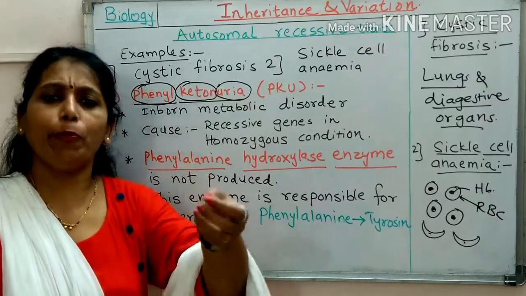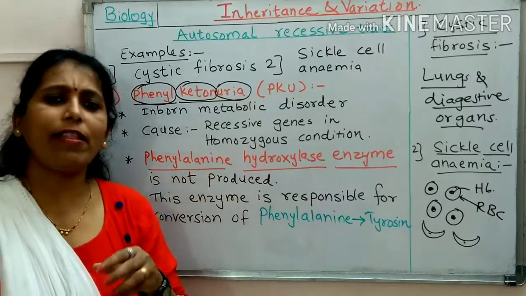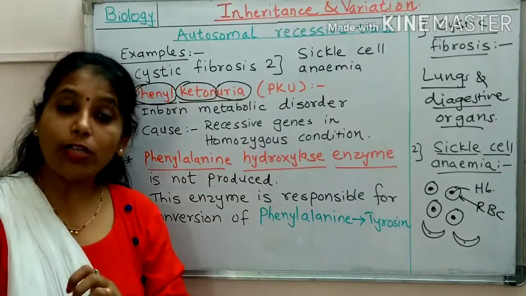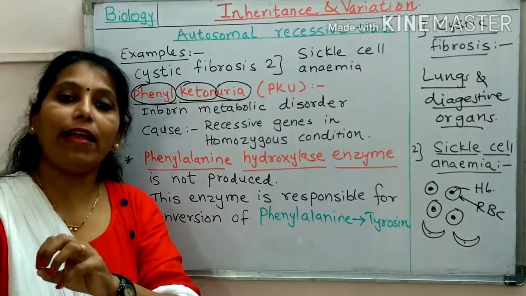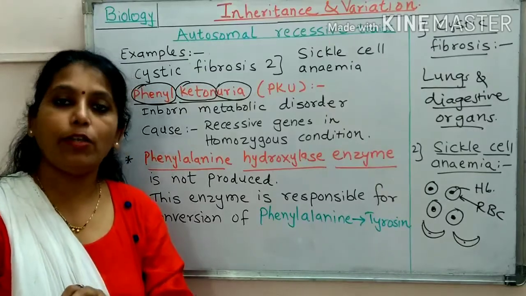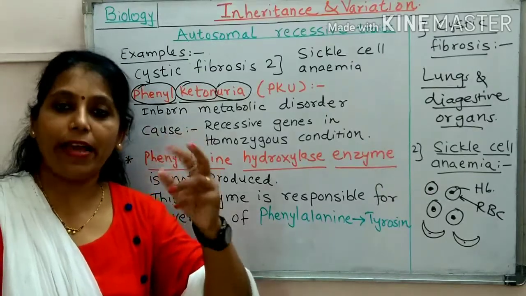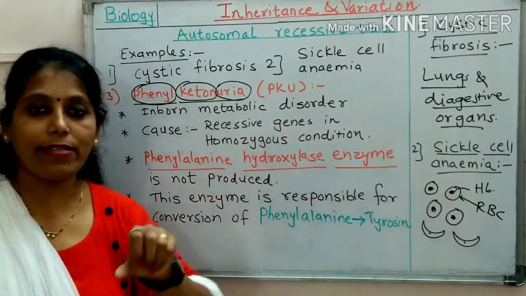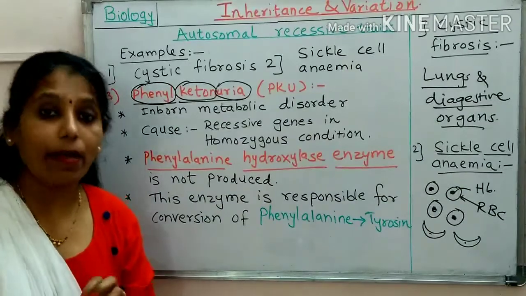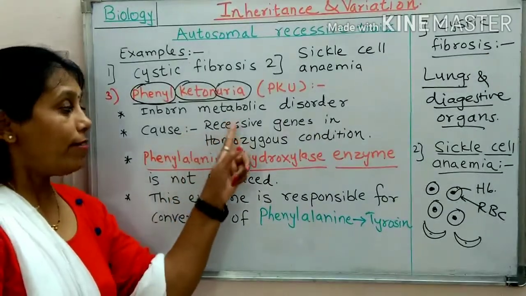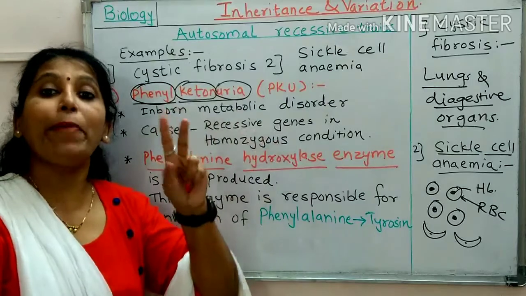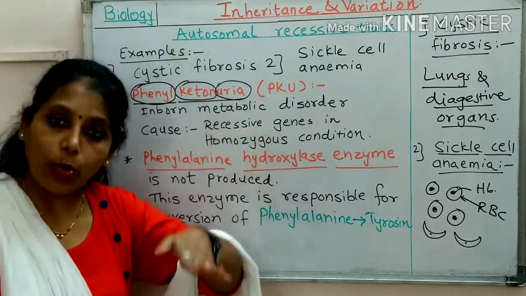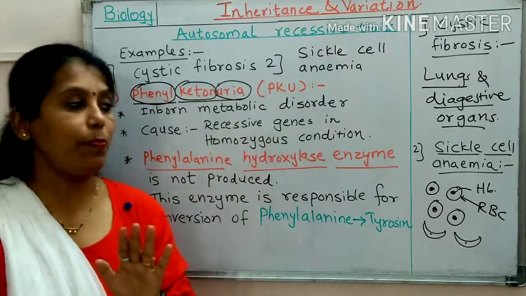Very few people have color blindness, or the disorder of night blindness, because these characters are expressed by the recessive gene. So whenever dominant and recessive characters are there, you will get dominant in more numbers, recessive in very few. And also this recessive gene, if it is present in a pair, homozygous, meaning present in a pair, then and only then is that character expressed.